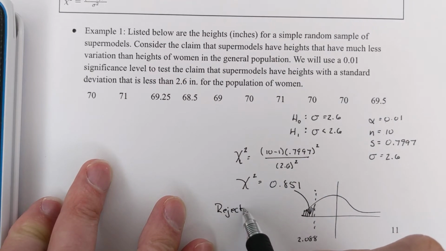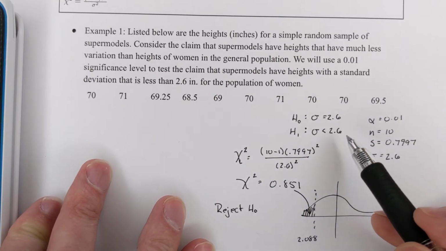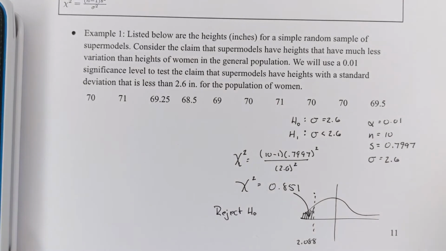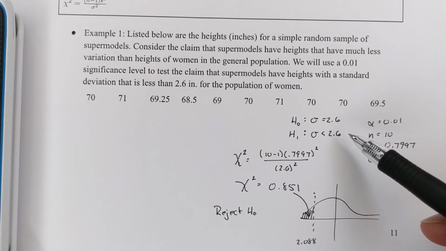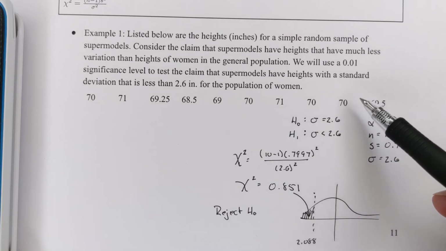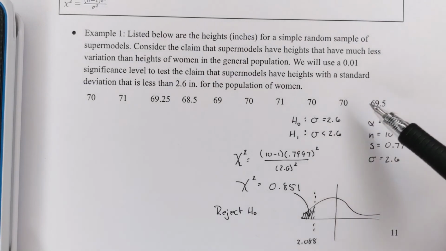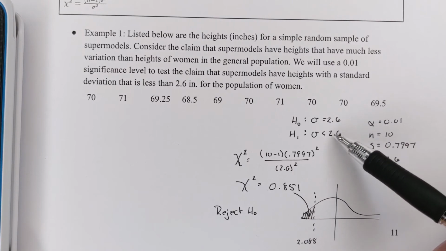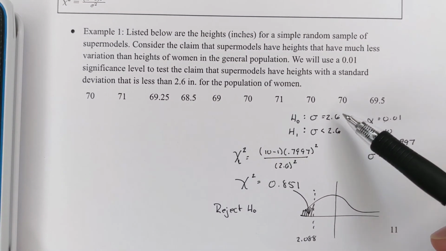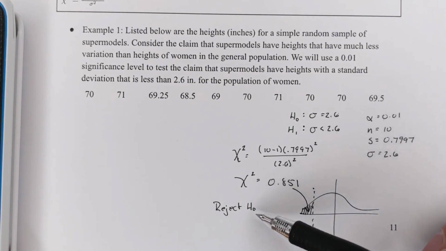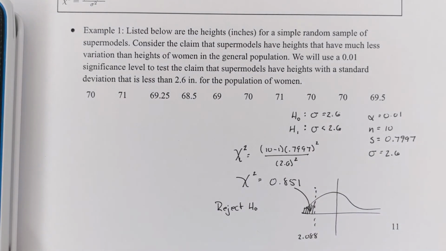So we reject H0, which means there is sufficient evidence that supermodels have smaller standard deviations than the general population, because we reject the fact that it is equal to the general population. We accept H1. So it is likely that that is true.